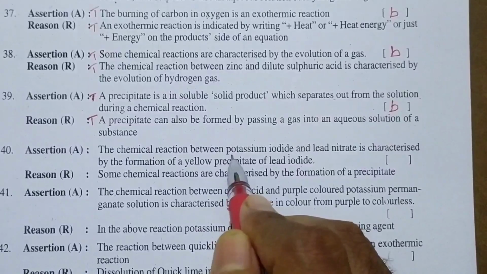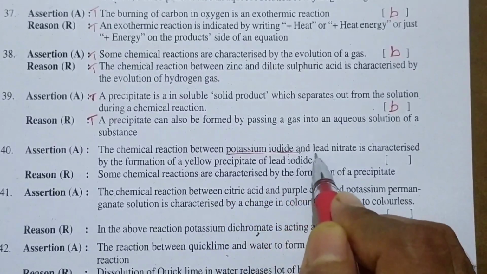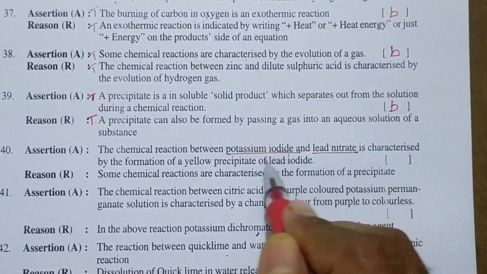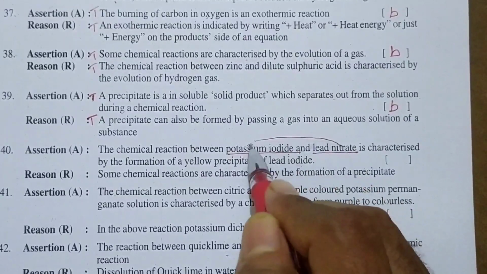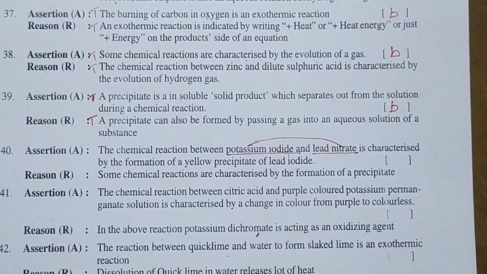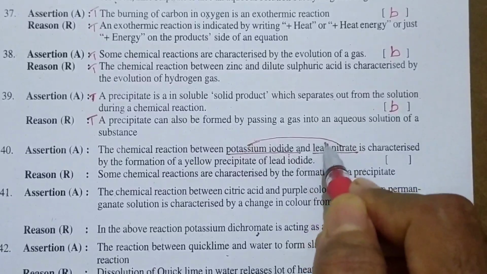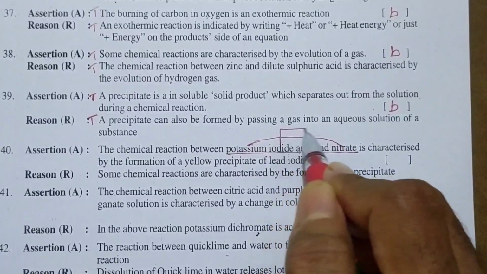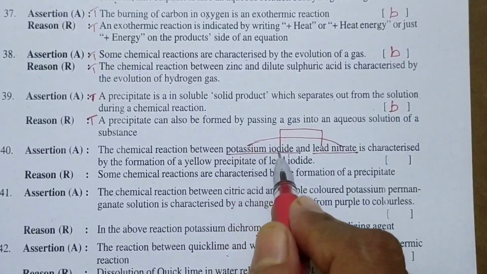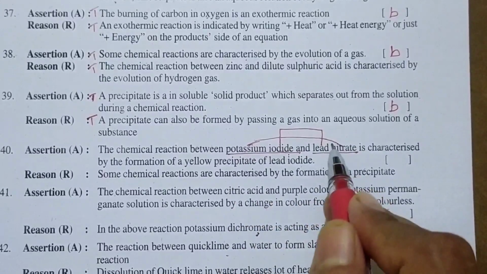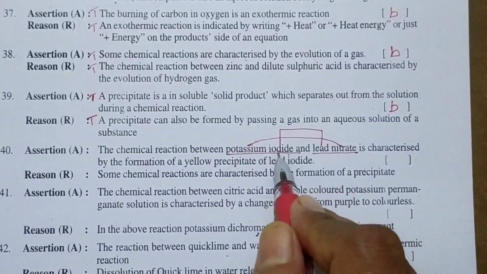If we do the reaction between potassium iodide and lead nitrate, then automatically potassium nitrate and lead iodide will be the products. See, reactants are potassium iodide and lead nitrate, but products are potassium nitrate and lead iodide.